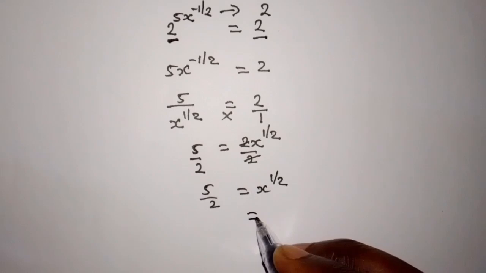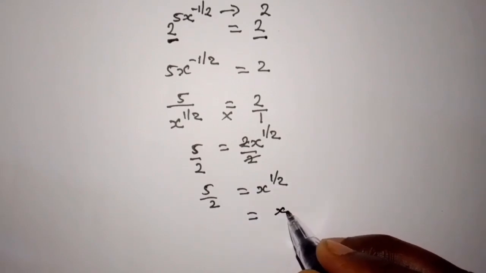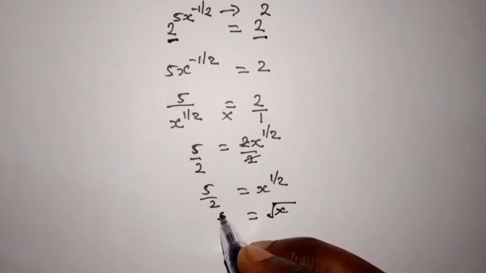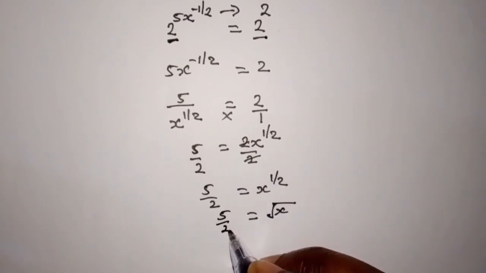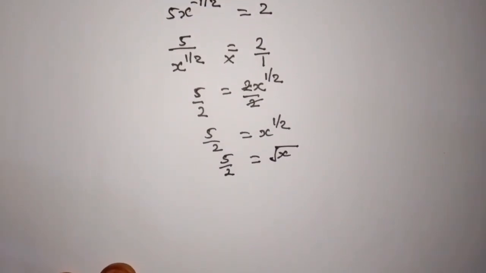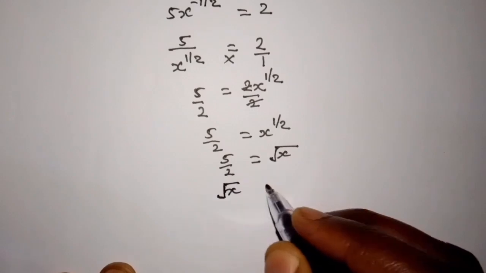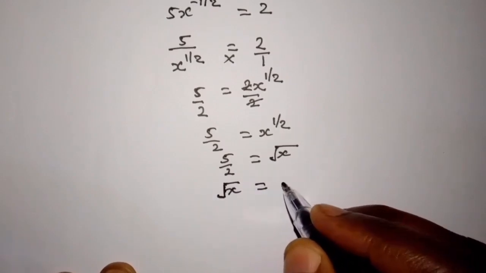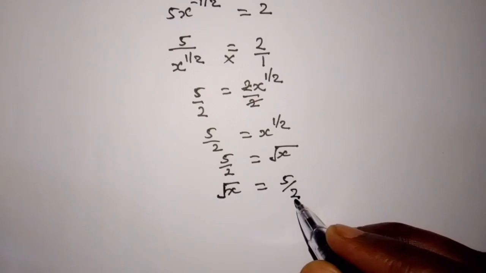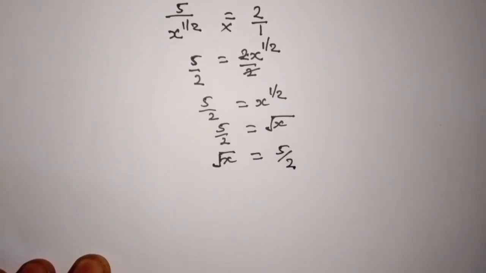We can write x power 1 over 2 as the square root of x is equal to 5 over 2. Square root of x is equal to 5 over 2. We can take the square of both sides.